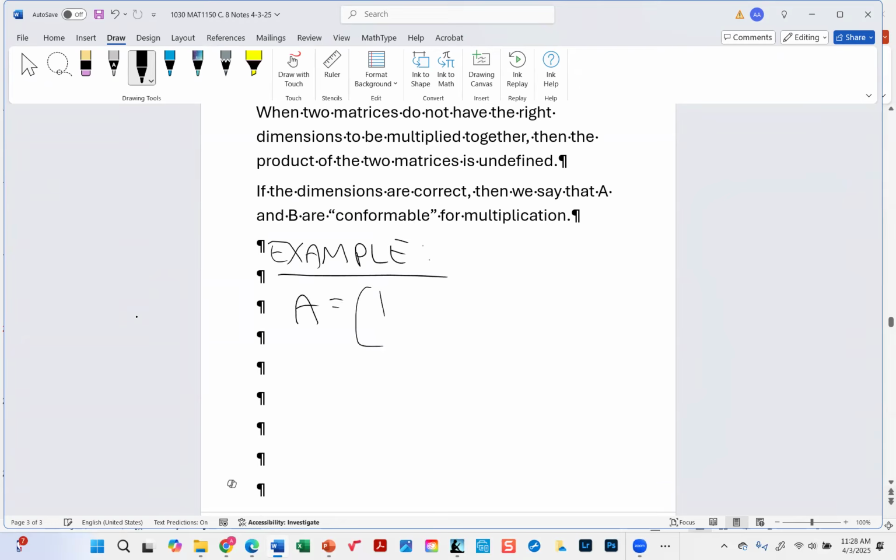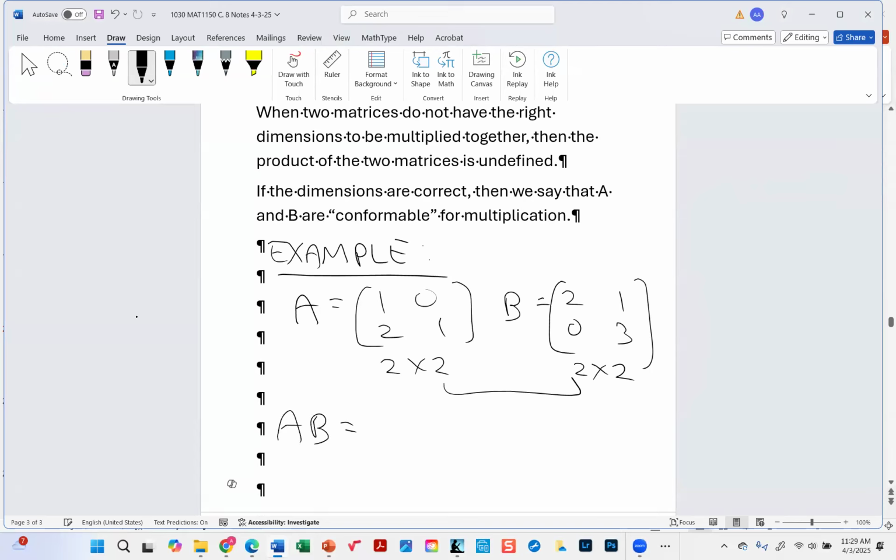Suppose A is the matrix 1, 0, 2, 1. B is the matrix 2, 1, 0, 3. Now they're both 2 by 2. So you can see that they're conformable for multiplication. We can multiply them together because those match, and the resulting AB also has dimensions 2 by 2.